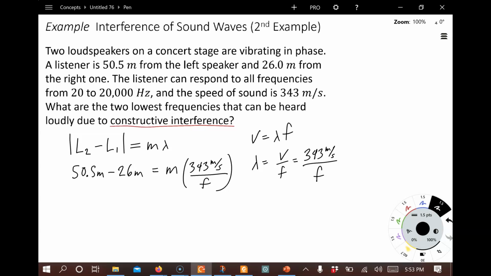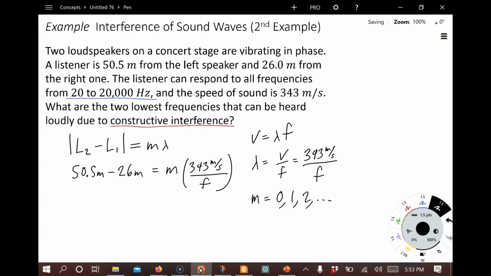And remember that m can have values here of 0 or 1 or 2, etc. But for the listener to be able to hear these, the frequencies got to be the lowest, but they also have to fit within this range. So if it's less than 20, it won't work because you can't hear it as a human. Let's solve for f and see if we can figure that out.